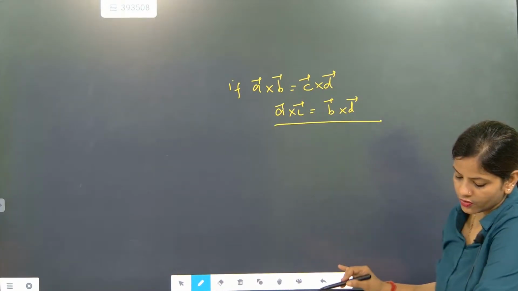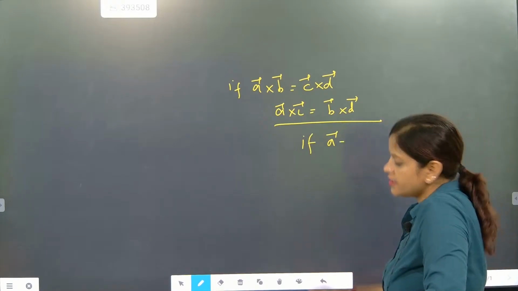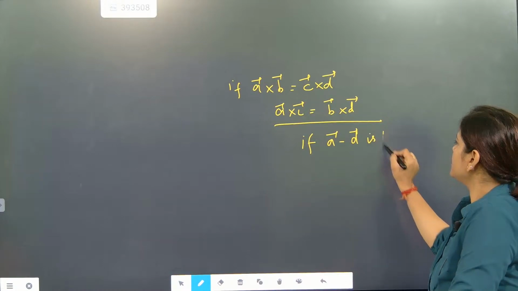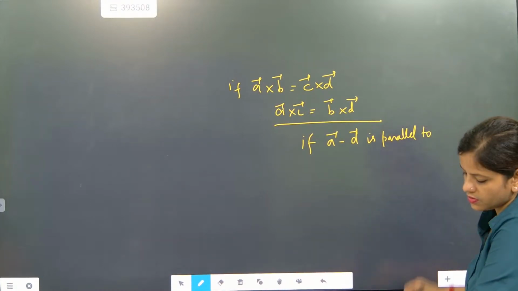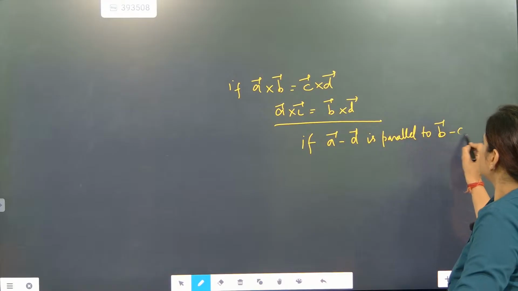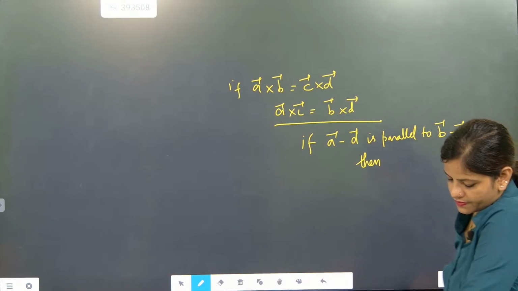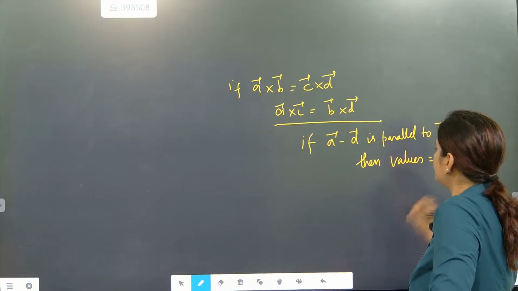Which part are you going to solve? Now, if A vector minus D vector is parallel to this, then what will be the value?